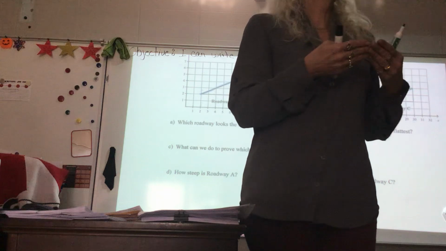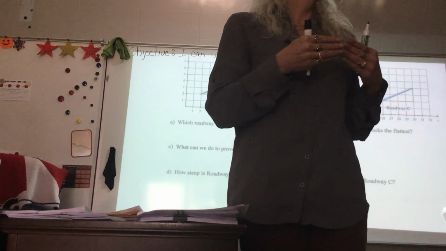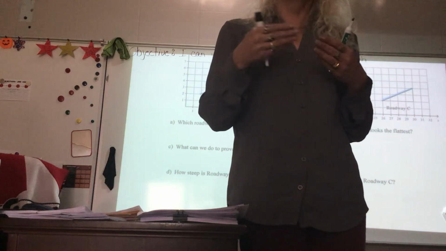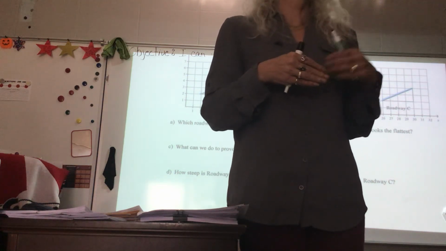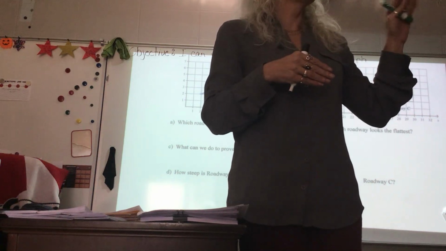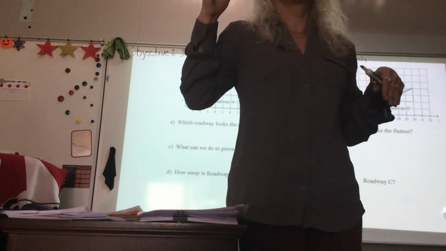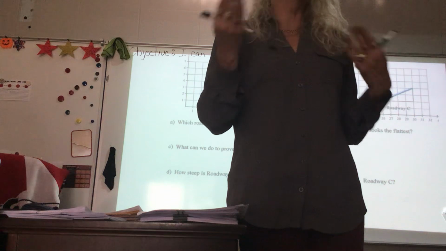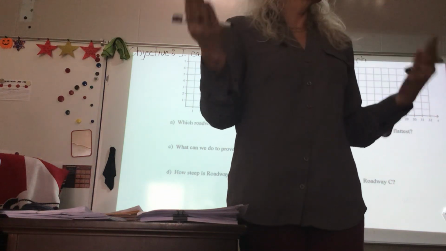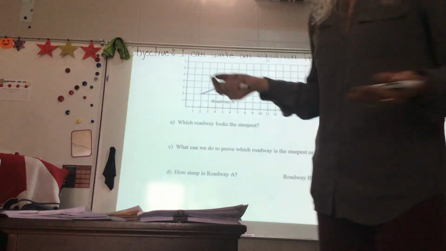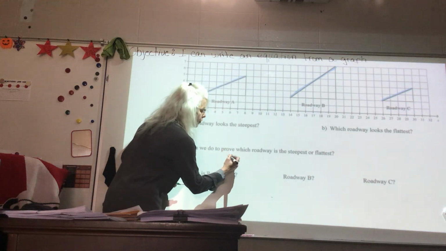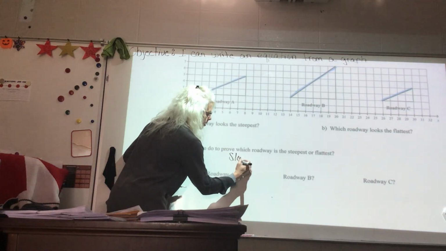So the way that we could prove which roadway is the steepest and which roadway is the flattest, we can use the slope. So instead of doing y sub 1 minus y sub 2 over x sub 1 minus x sub 2, there is another method of finding the slope. So we can prove it by using the slope.